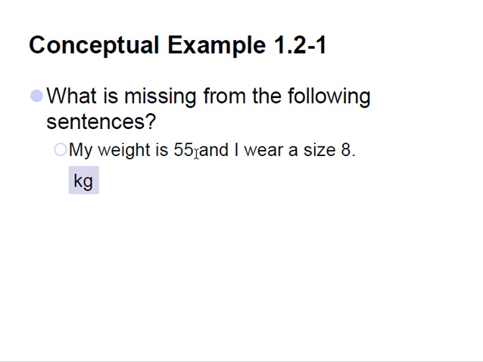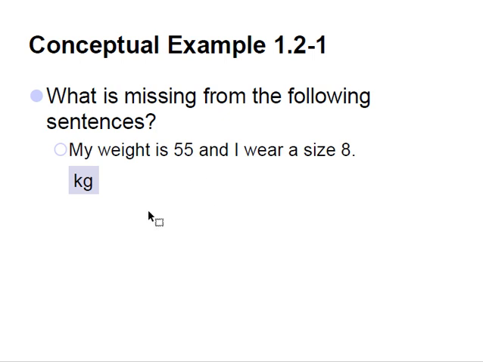If you only weigh 55 pounds and you wear a size 8, it doesn't make sense, because you would be very light and yet wearing size 8. The two sentences contradict each other.